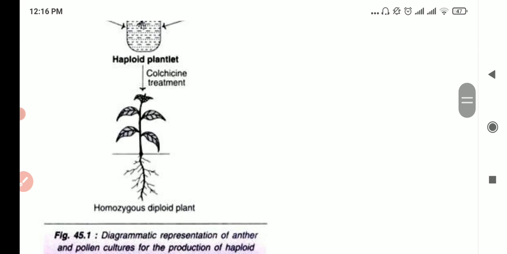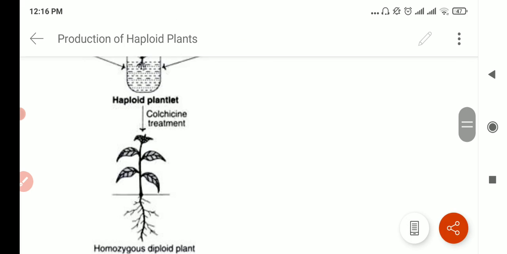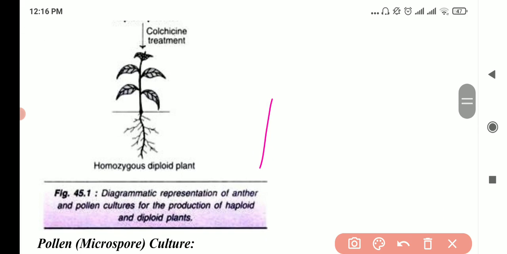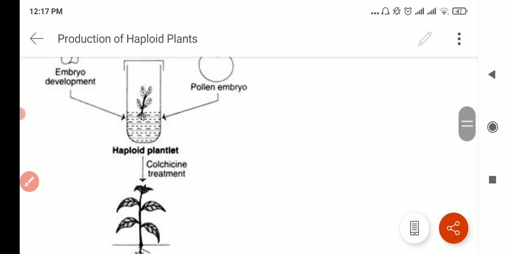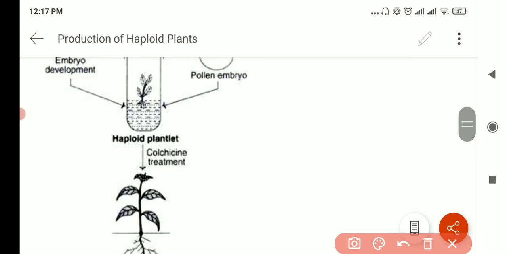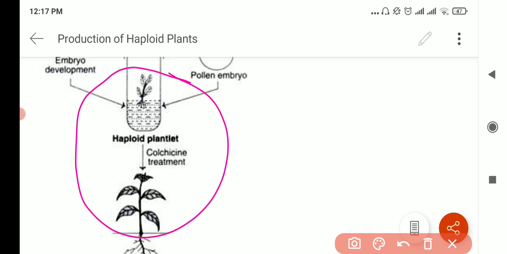If you treat with colchicine also, here this is like a shortcut. See the down part of the image here, this is like a shortcut. Instead of seeing in the microscope which one is at the right stage, you directly just take a plant, a haploid plant or a diploid plant, and you add colchicine, it's a chemical.